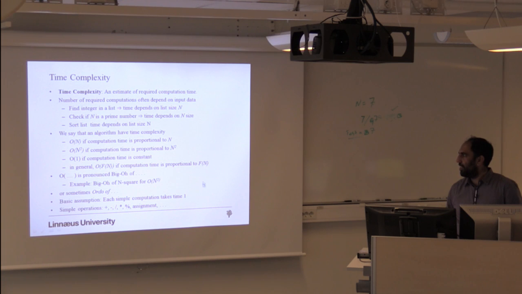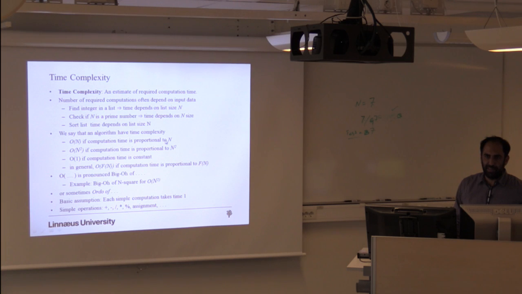Technically it's known as big O notation, and sometimes we also call it Ardo of. In computer science we normally call it big O, but in mathematics it's often known as Ardo of. So the time complexity will be big O of n, with size n, if the computation time is proportional to n.